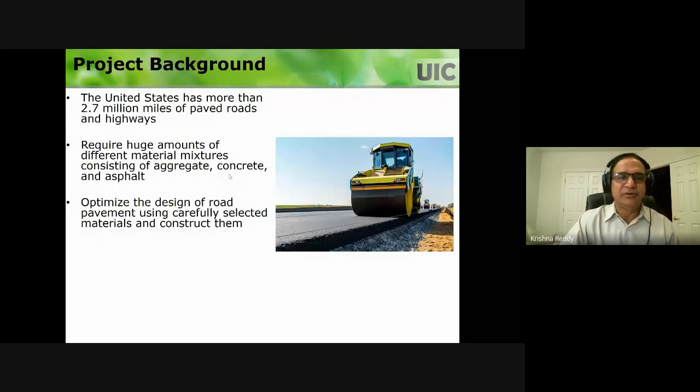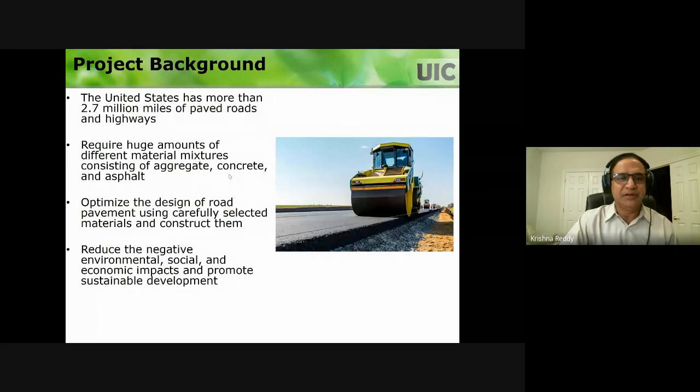So we really need to be careful in terms of selecting the materials and how we construct them. And the big picture that we need to keep in mind while doing this infrastructure is to reduce the negative environmental, social, and economic impacts and promote sustainable development, exactly like the focus of this course.